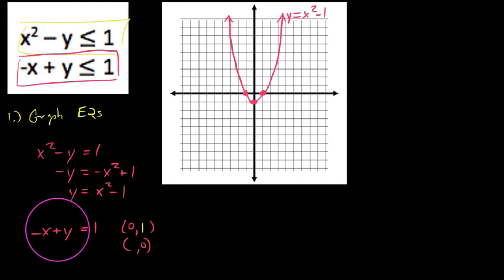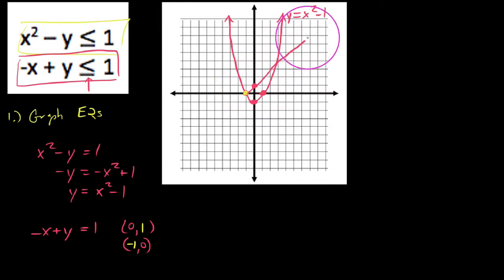If you plug in a 0 for y, the y term disappears. We get negative x equals 1, so positive x would be negative 1. So it's going to hit our x-axis at negative 1. So that's this point here, and it hits our y-axis at 1, so it'll be this right here. And we say, do we want a solid or dotted line? Well, notice again, it's less than or equal to, so we're going to go with a solid line.